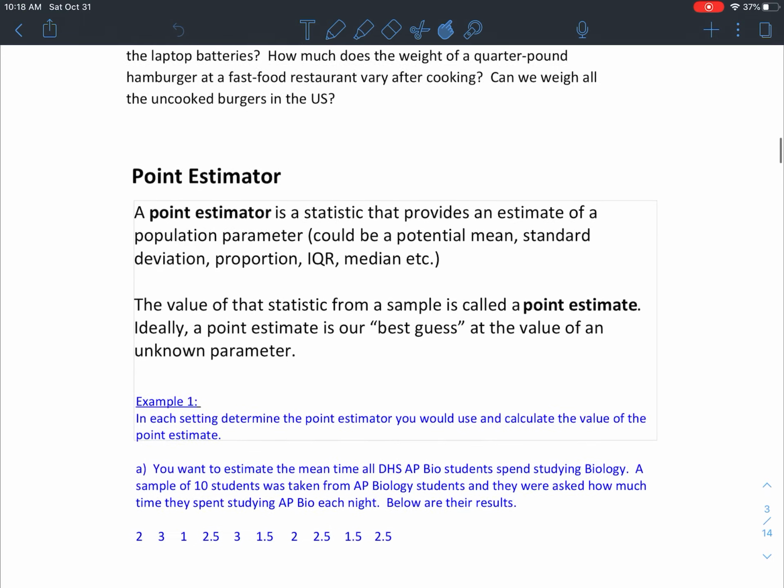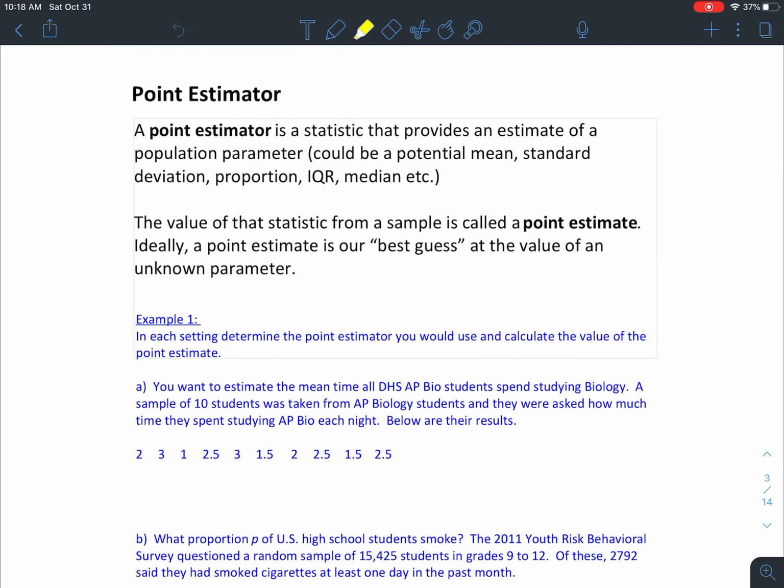More realistically, in statistics, we need to look at what's called a point estimator. A point estimator is simply a statistic that provides an estimate for a population parameter. These could be a mean, a standard deviation, a proportion, an interquartile range, a median.